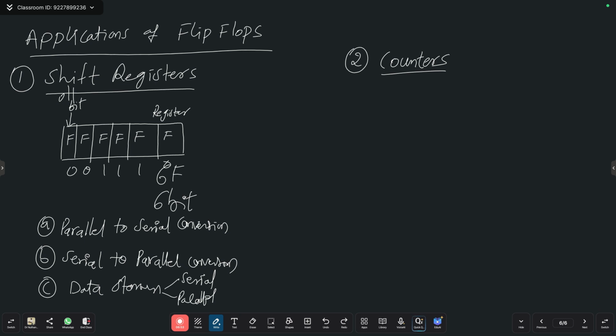Counters are used to count the number of clock pulses or the number of states. Are you clear?